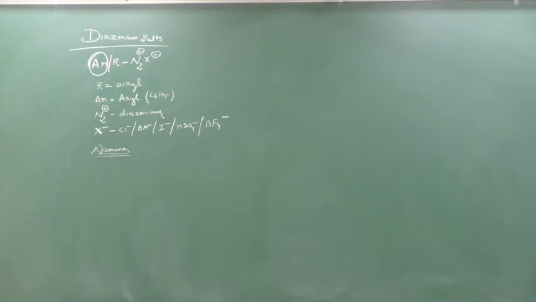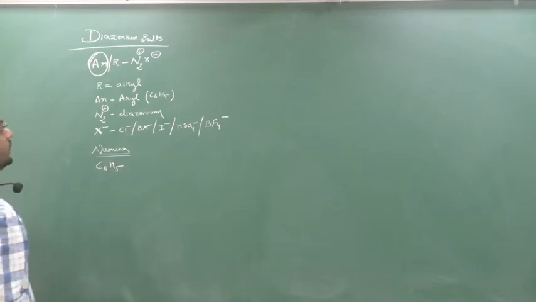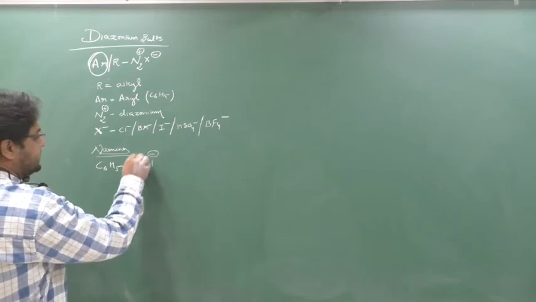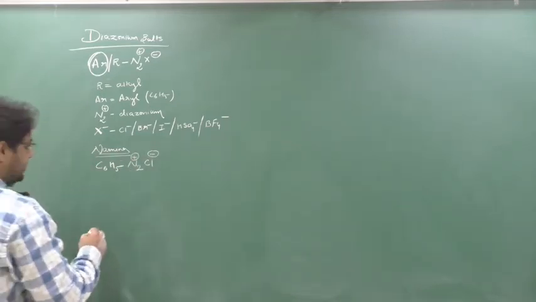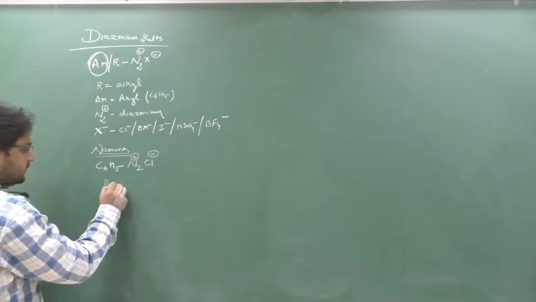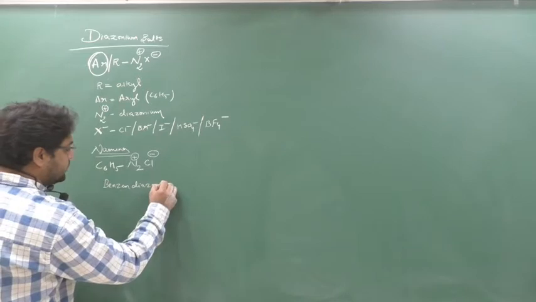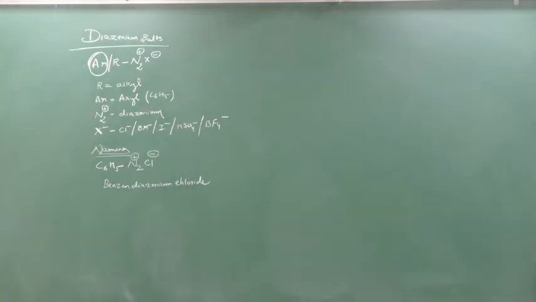Suppose I take Ar as C6H5, N2, and here I take Cl, which will be minus, and N will be plus. So it is a diazonium salt. I can say this C6H5 is also benzene diazonium chloride. That's it. Clear?